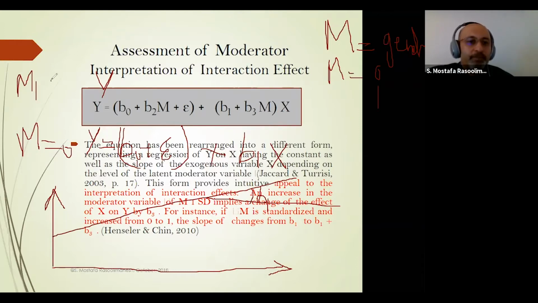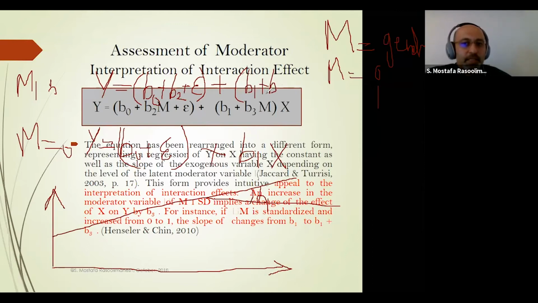Now for M equals 1, Y is B0 plus B2 plus error, plus B1 plus B3 times X. The intercept is a constant value.